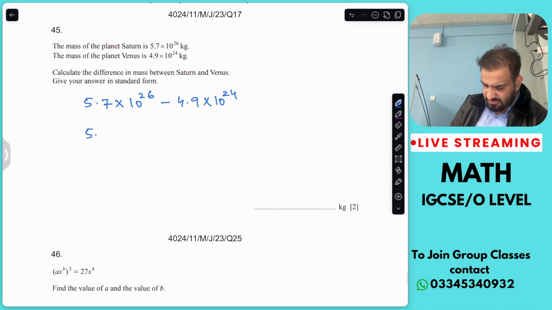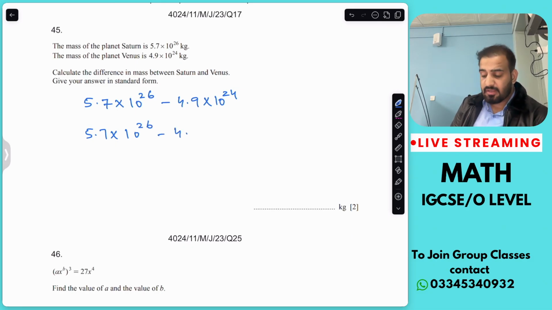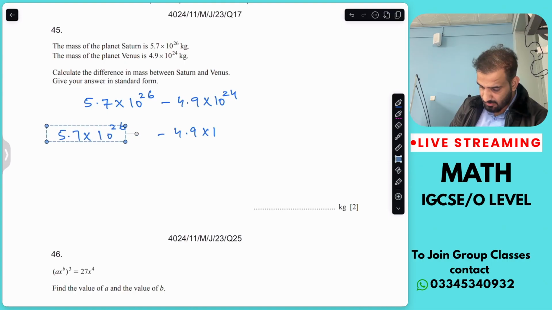So 5.7 cross 10 raised to power 2 separate, cross 10 raised to power 24. That's it. So what is 5.7 cross 100?